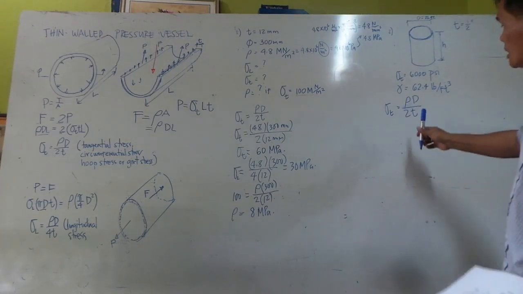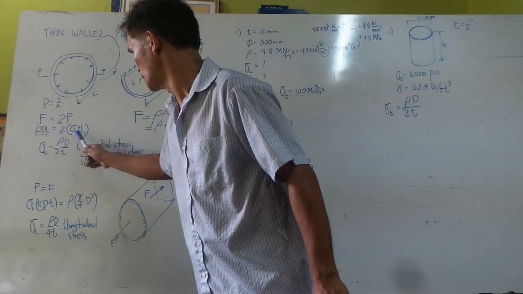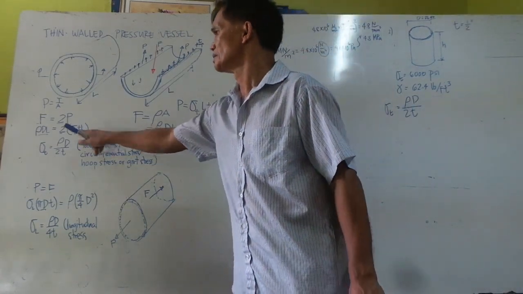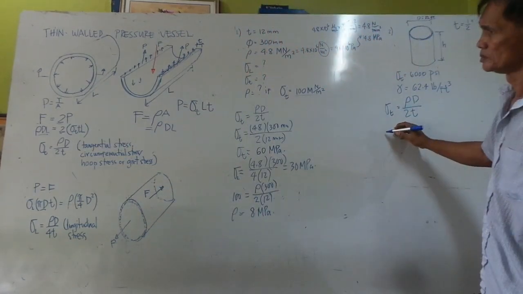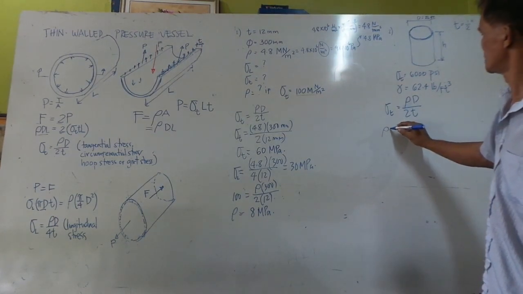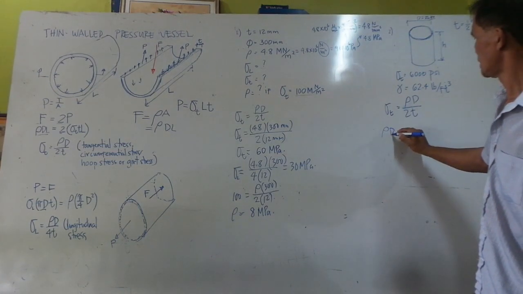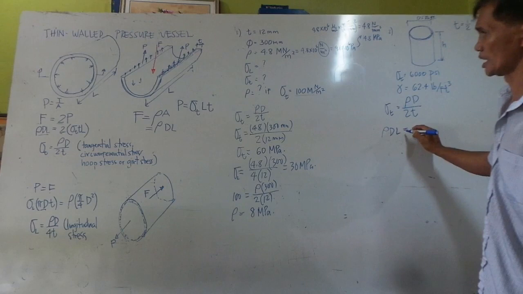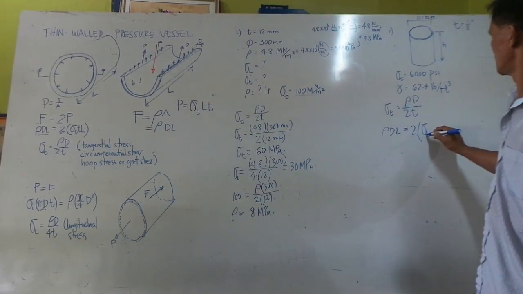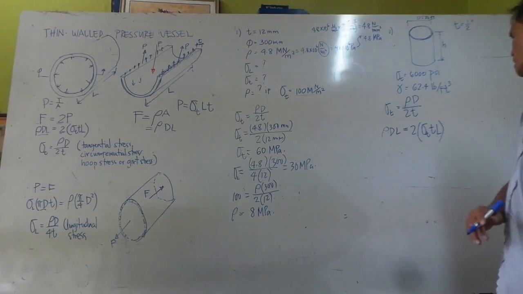L here is the height of your tank. So you have rho times D times L on one side, and 2 times tangential stress times T times L on the other. So that is where we cancel L.